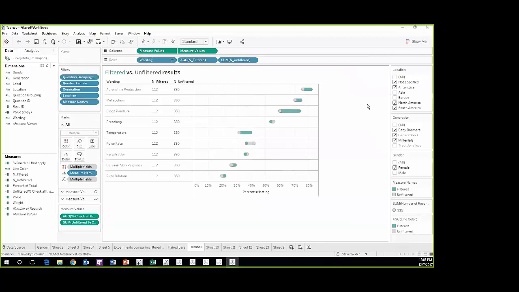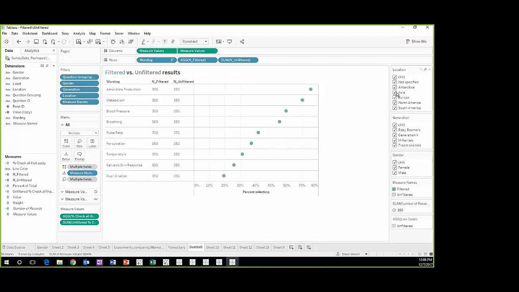So hey, haven't shown this to anybody yet. Well, not quite. I sent it to a couple of colleagues, but I want to show filtered versus unfiltered results. So if I show everybody, okay, the green dot is when I apply filters, and the gray dot is everybody that responded to the question.